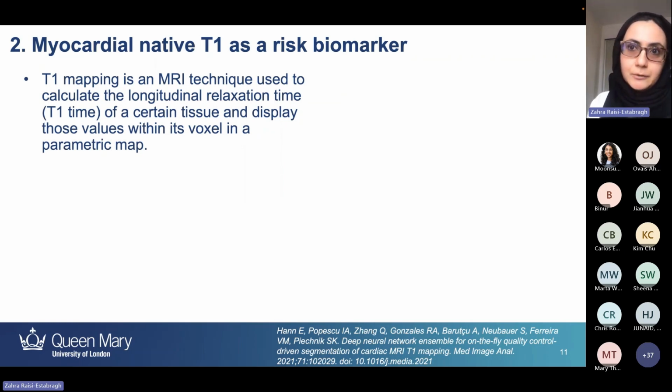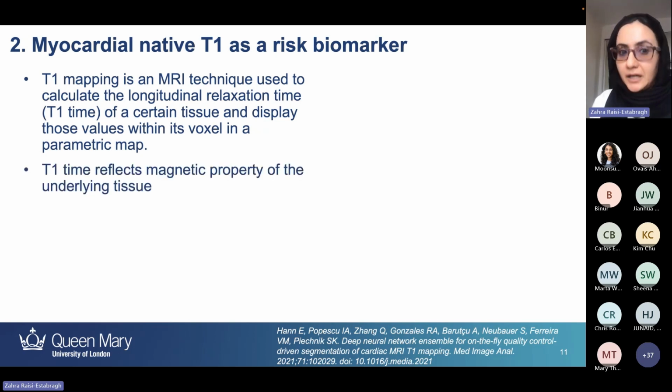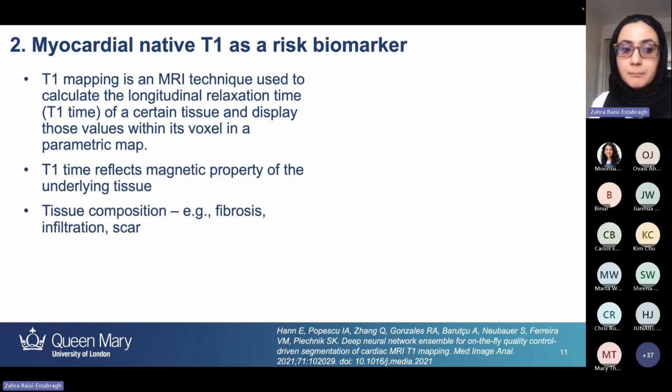The T1 value is influenced by the magnetic property of the underlying tissue. And so the number that you get for T1 can reflect what the underlying tissue is made of, and so its underlying composition. And so it can give you an indication as to whether there is fibrosis of the underlying heart muscle, infiltration, or scar.